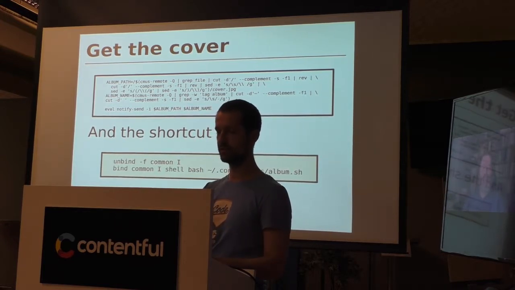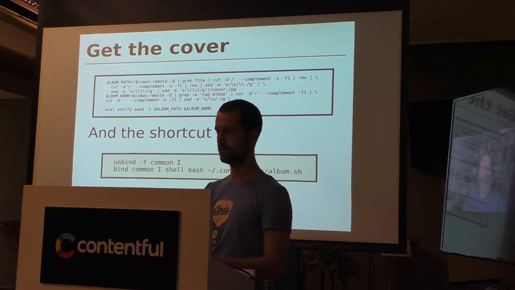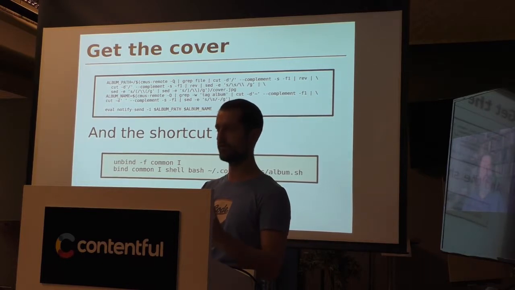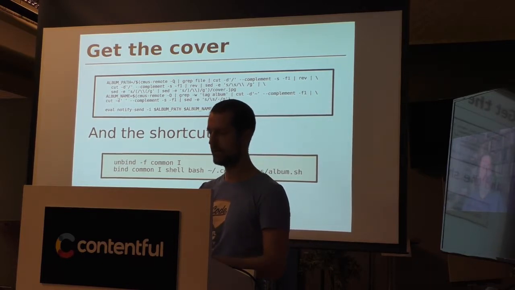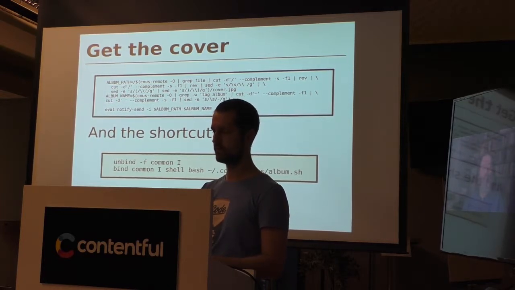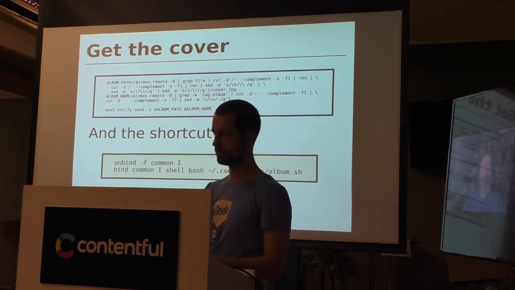What I'm doing here is firing up the CMUS remote Q command and grabbing the text output, finding the path of the song I'm currently playing, searching for the album tag, finding the file in there, and in the end using the notify-send command to display the album in a small window on my screen.